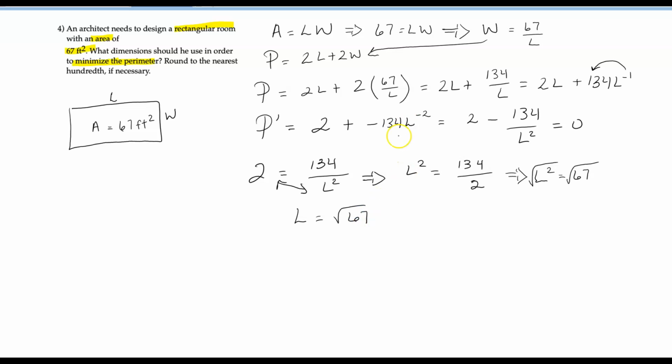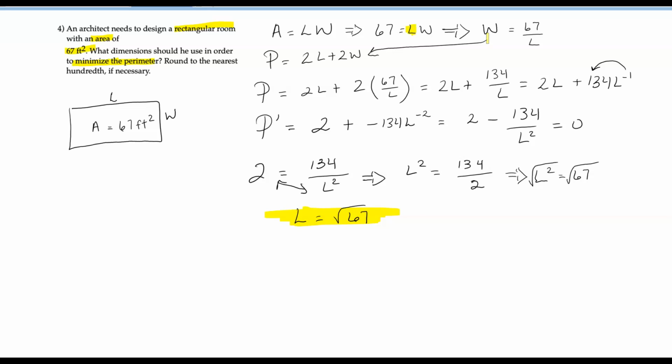Now you can take this and back substitute, but what you're going to find is that if the area is 67 units, the length will have to then be the square root in order to get 67. So you can back substitute your L right back in over here, and you're going to get 67 equals the square root of 67 times W, but then you solve all that good stuff and you end up with another square root of 67.